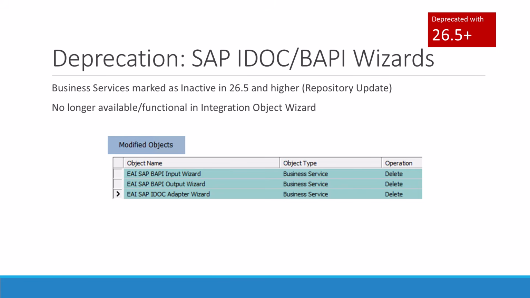The protocol of the day for SAP was IDOC, along with the Business API or BAPI, and Siebel Tools famously was equipped with integration object wizards to accommodate not only SAP object structures, but also Oracle E-Business Suite. 25 years later, IDOC and BAPI are still supported, but SAP has long deprecated them, ushering customers to use newer products such as REST. With Siebel 26.5 and higher, Oracle hits the off switch on the integration object wizards for SAP IDOC and SAP BAPI.